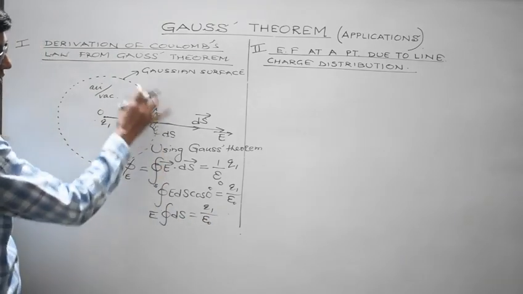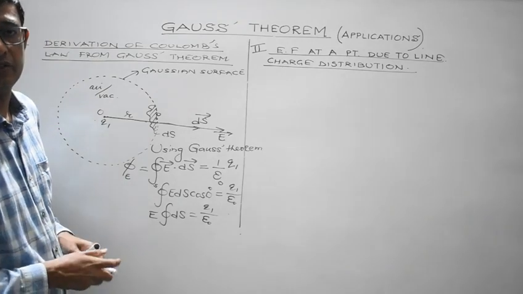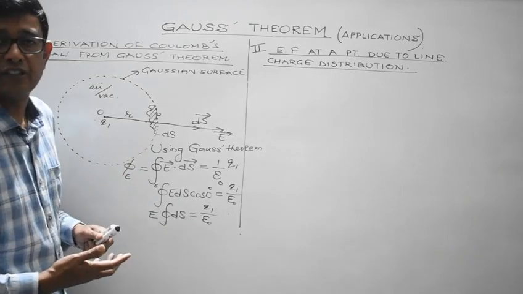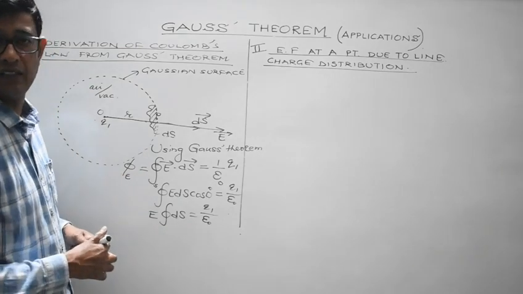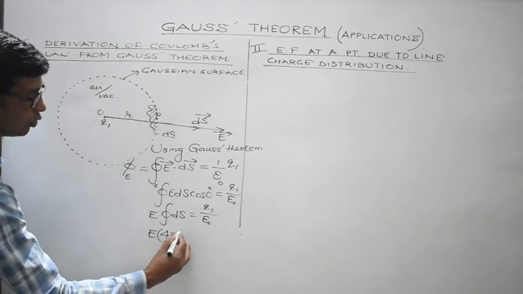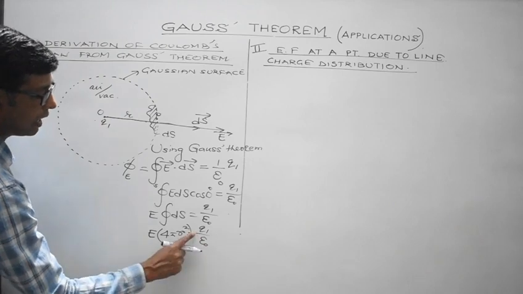So integration ds, that obviously would give us the total surface area of the Gaussian surface, which in this case is spherical. And of radius r, the total surface area of a sphere is 4 pi r square, right? So we get E into 4 pi r square is equal to Q1 by epsilon naught.